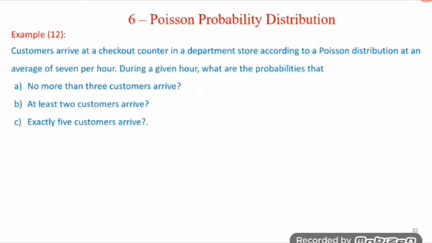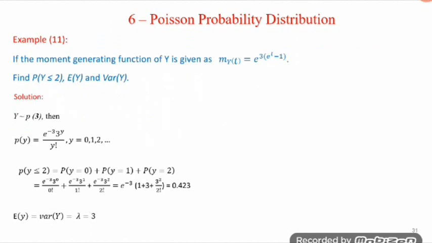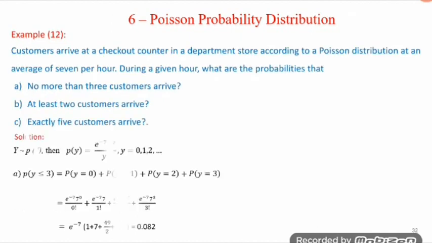First we need to write the distribution that Y belongs to: Poisson with lambda equals 7, and then we'll substitute in the probability mass function with lambda equals 7 for any possible values of Y, from 0 up to infinity.